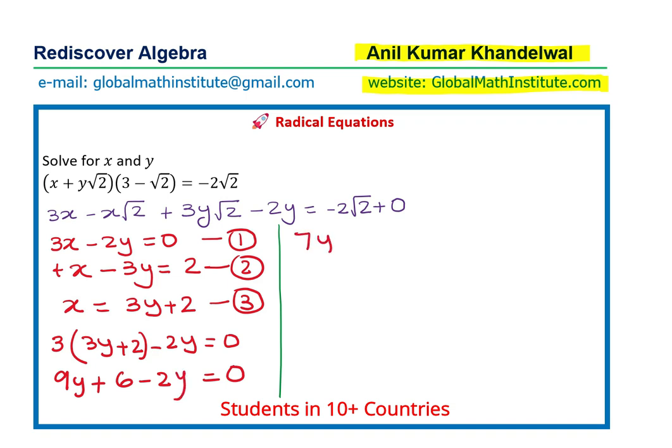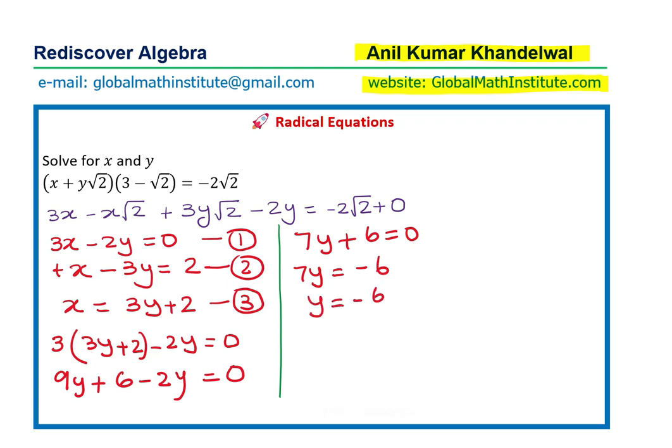So we get 7y plus 6 equals 0, or 7y equals minus 6, y equals minus 6 by 7, right? So we got one of our answers, the value of y, as minus 6 over 7.